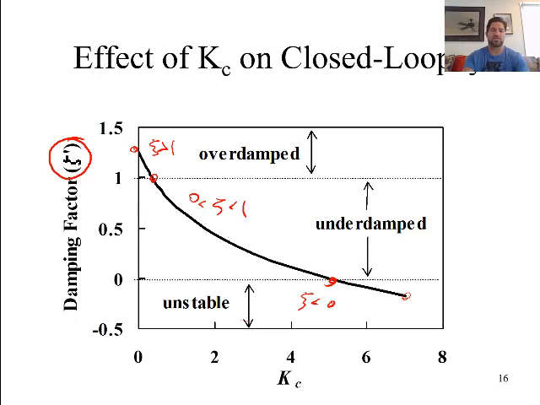And this can show us a little bit about how we might select a value of Kc. You can see that initially the damping factor changes by a little bit, and then it doesn't change that much. So at some point, maybe we don't need a really large value of Kc. But we also want to see the effect on the time constant because the point of the gain is that it affects the time constant, how fast the process responds.